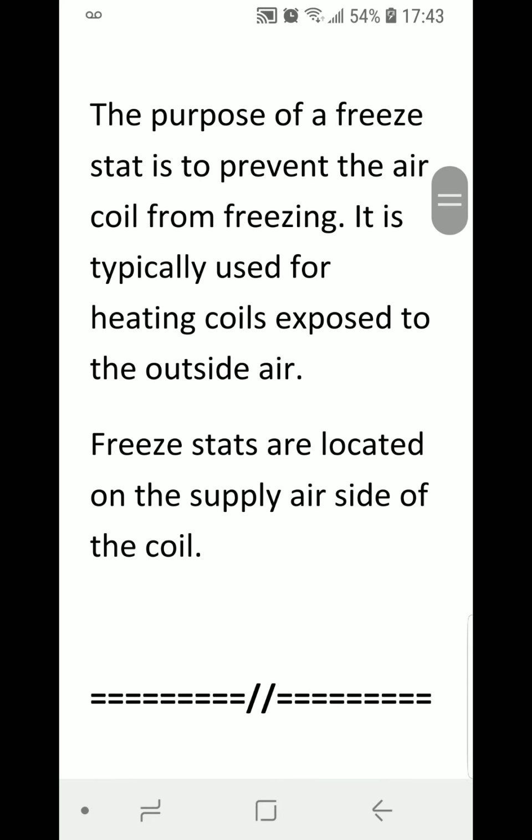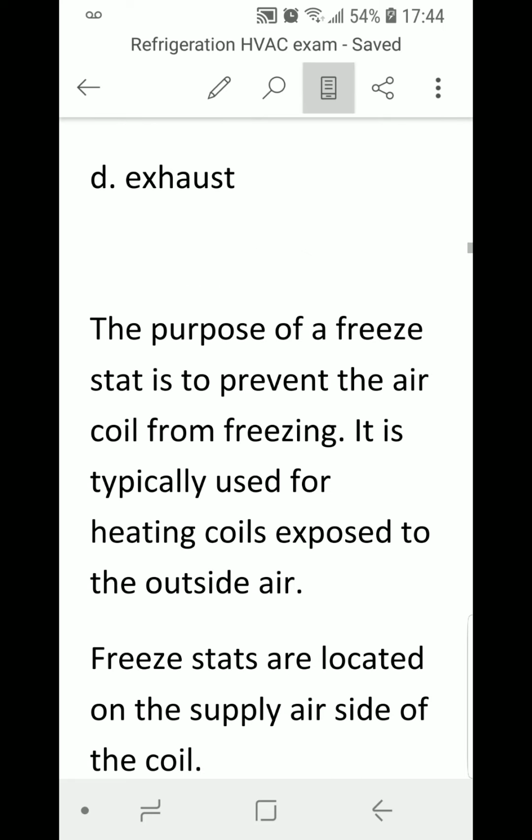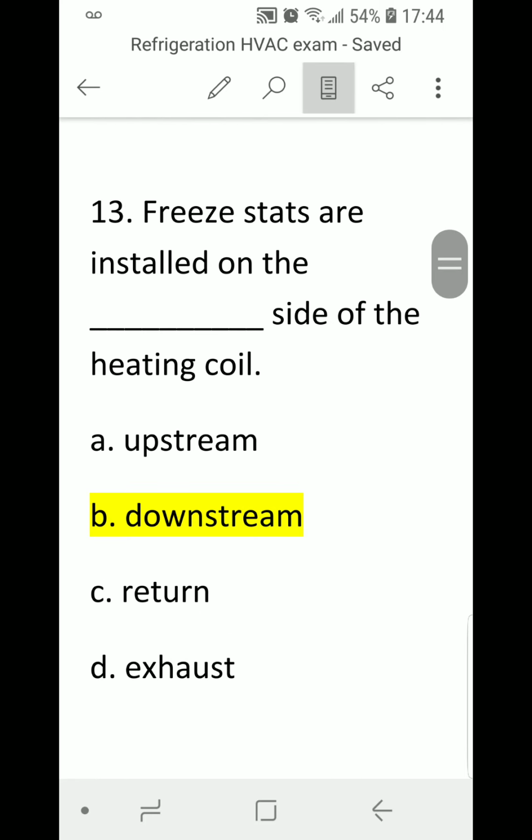The purpose of a freeze stat is to prevent the air coil from freezing. It is typically used for heating coils exposed to the outside air. Freeze stats are located on the supply air side of the coil, which is downstream, right there.